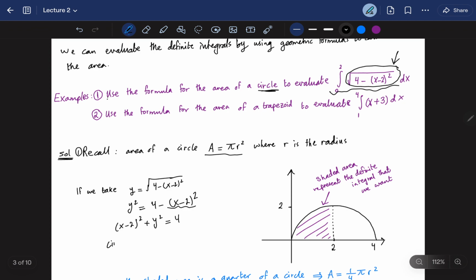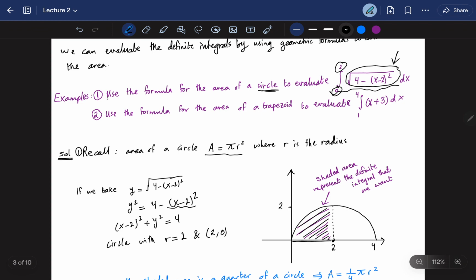So this is a circle with radius 2 and my center is just (2, 0). So if you graph it here, I'm going to graph a semicircle only. This is my center at (2, 0), and this is my radius, which is 2. Now, since I want to evaluate this integral from 0 to 2, I only care about this area here.